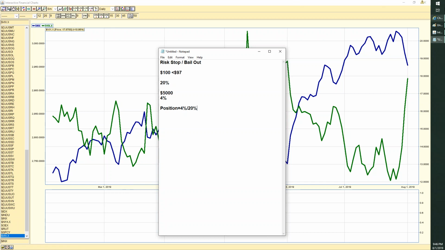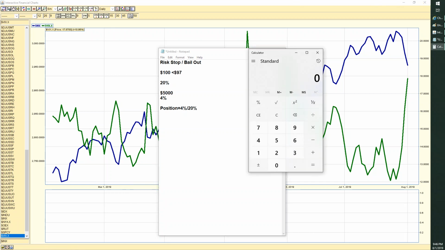So I'm going to bring over a calculator, and if we have 4% and we divide that by 20%, that's telling us that we can put 20% of our portfolio into that trade. If our portfolio is $5,000, we can put $1,000 into that trade.